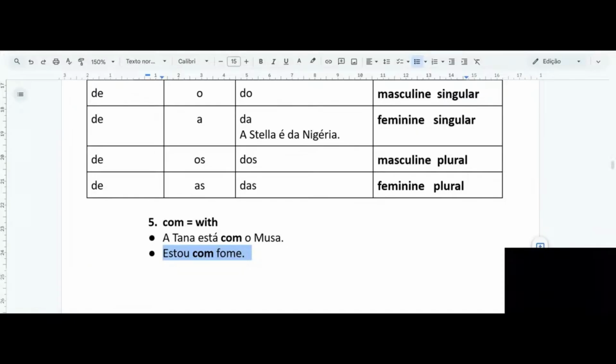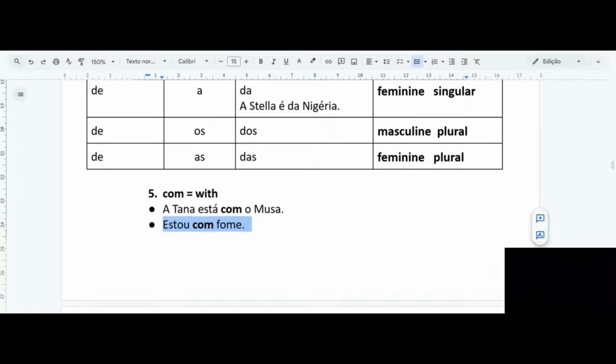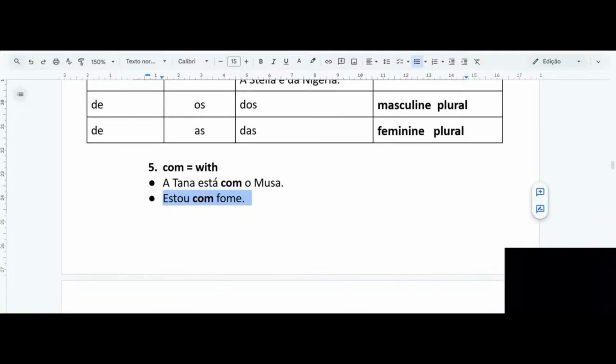But as I said, we shouldn't translate from English to Portuguese. Portuguese says, estou com fome. I'm with hungry does not make sense in English. So if you want to use any word which has with, it means com. Any question for number five?